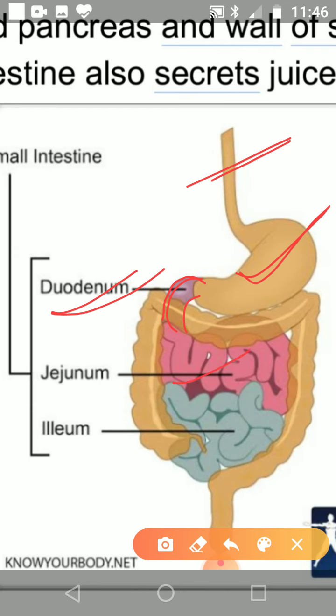And this is the jejunum and this is the ileum. Both parts are highly coiled, and in both of them chemical digestion takes place. So this is about the different parts of the small intestine and where they are located.